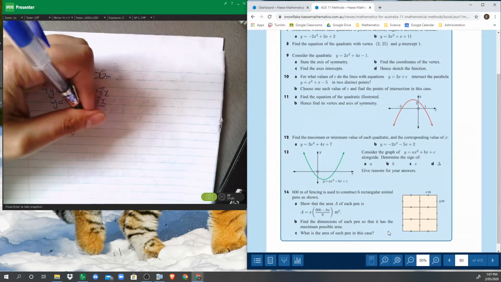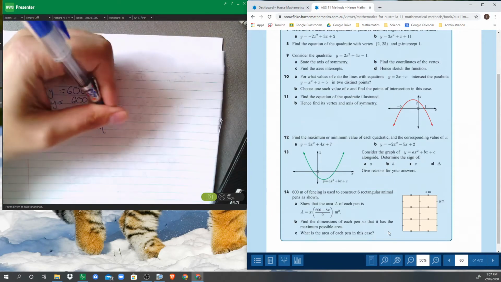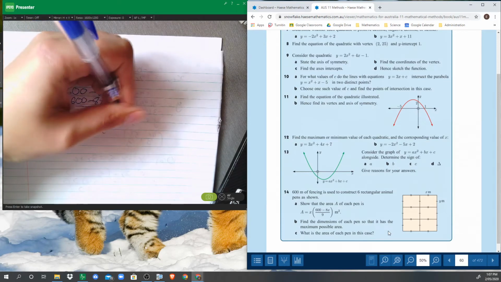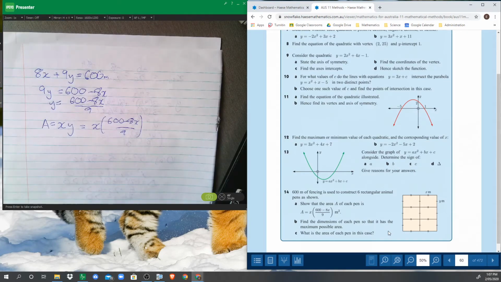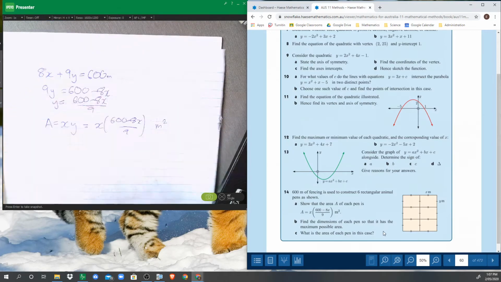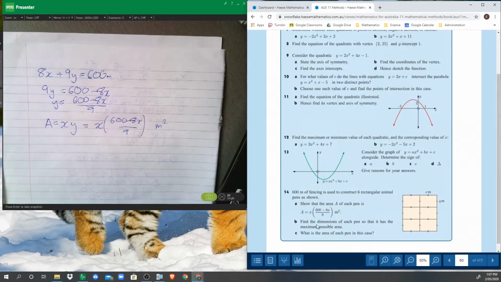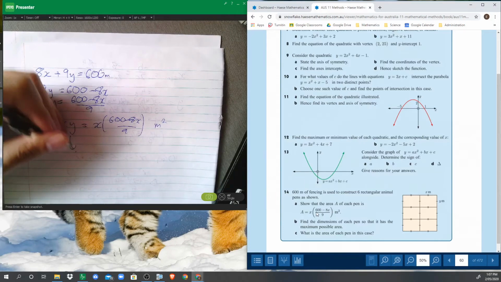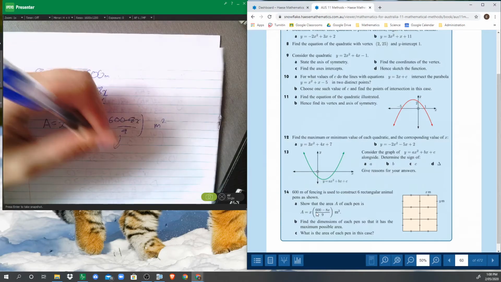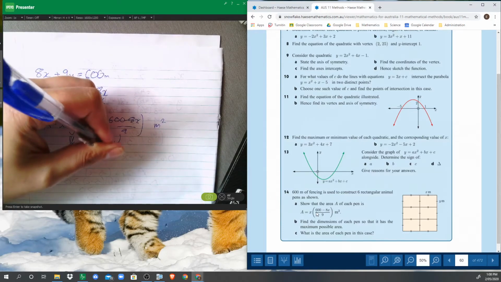All right, so x times, and we've got the equation as asked for, in meters squared. All right, find the dimensions of each pen so that the area is maximum. What is the area of the pen in this case? Now, there's a couple of ways you can do that. One, you can actually go and find the vertex, or actually I should say from that, expand and find the vertex.